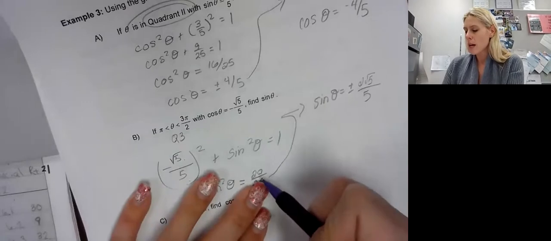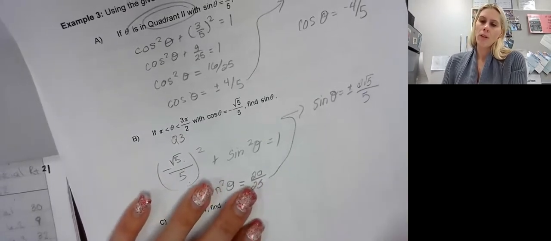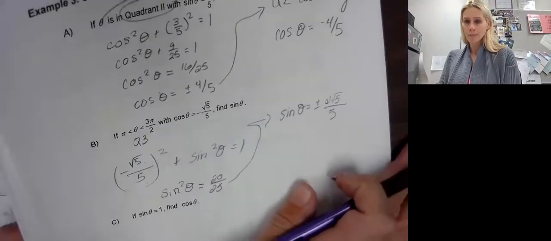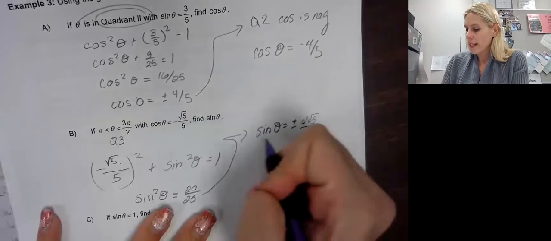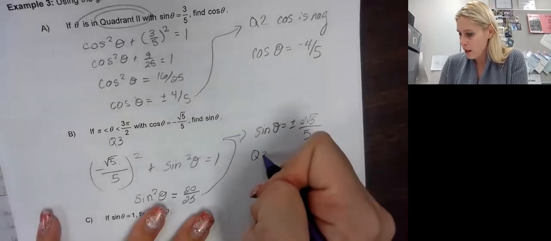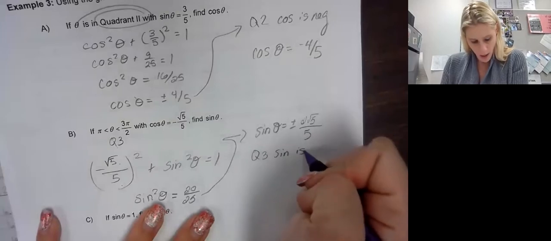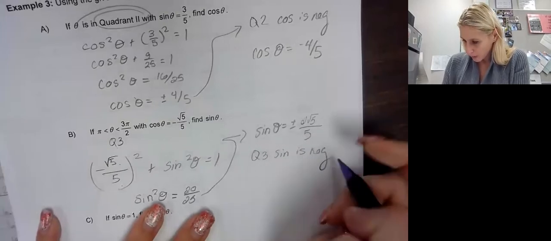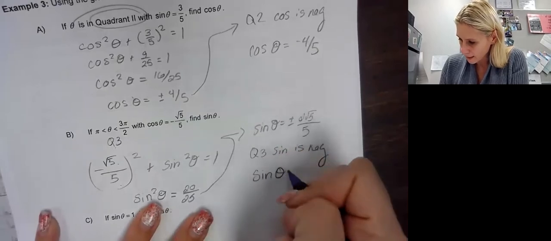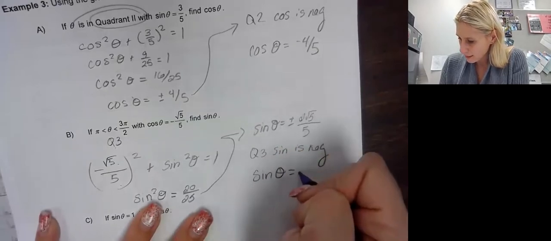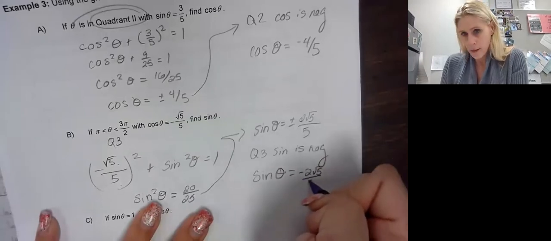If you do not know how I got the square root of 20 is 2 square root of 5, make sure you ask me later to get that down. Now we're in the third quadrant, and in Q3, sine is negative. So our final answer is that sine theta equals negative 2 square root of 5 over 5.